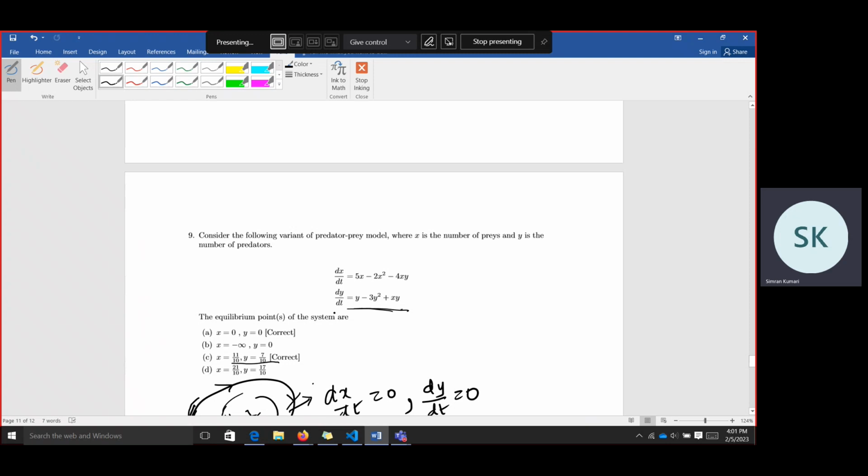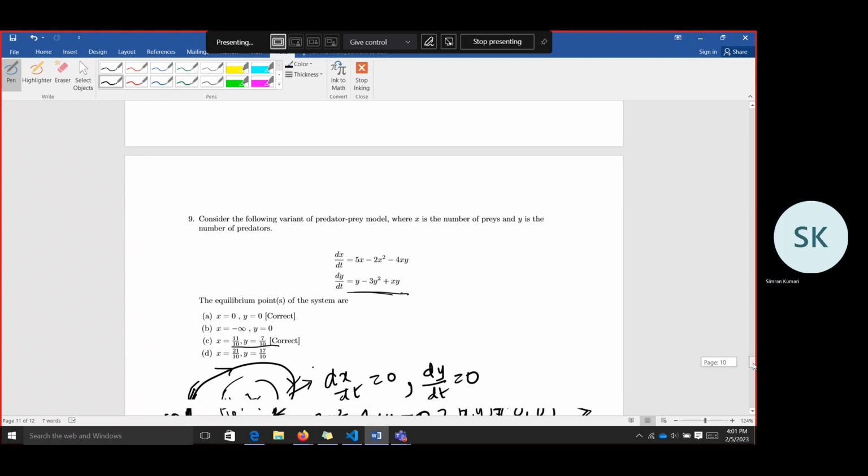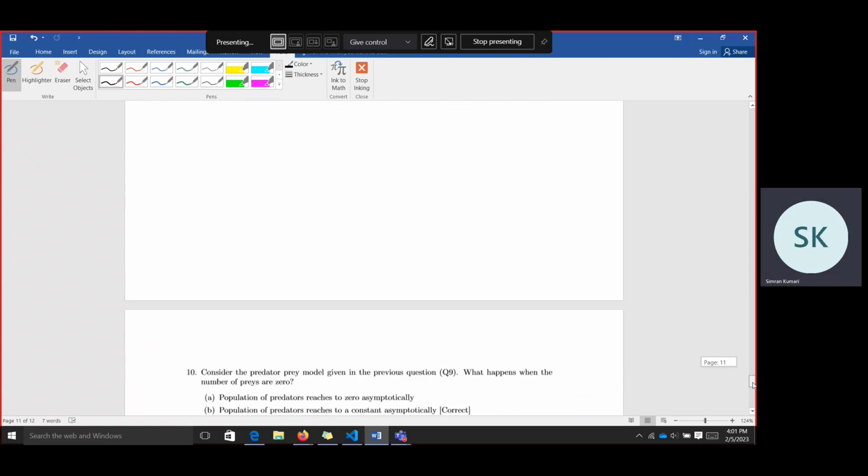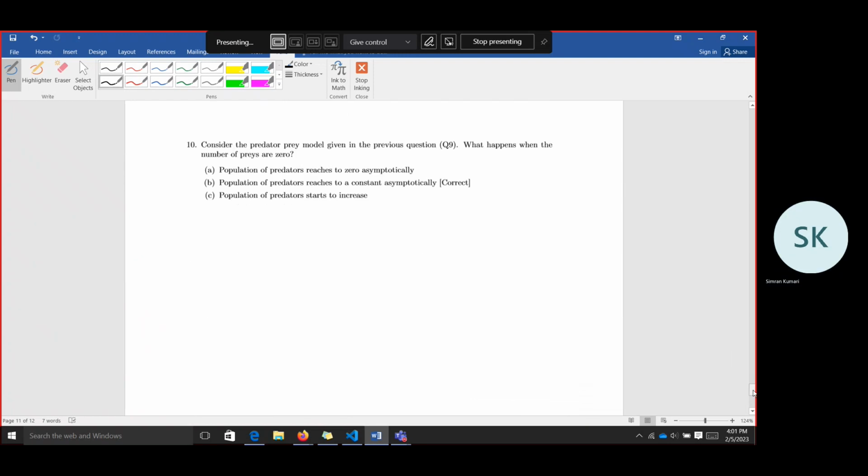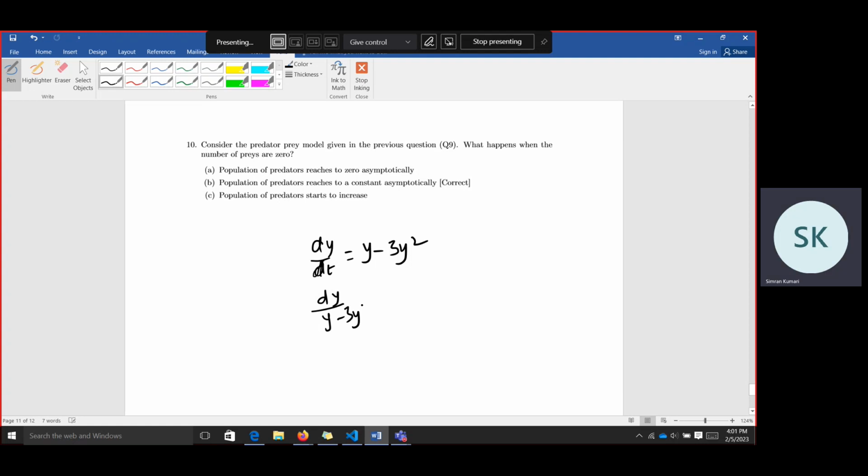And what happens to the predator? Now, this one is 0. This is the dynamics of the predator, which is dy by dt equal to y minus 3y square. From here, obviously, you will see that this will increase and settle to some point. So let us try to solve, because the prey count is 0, so this will increase.